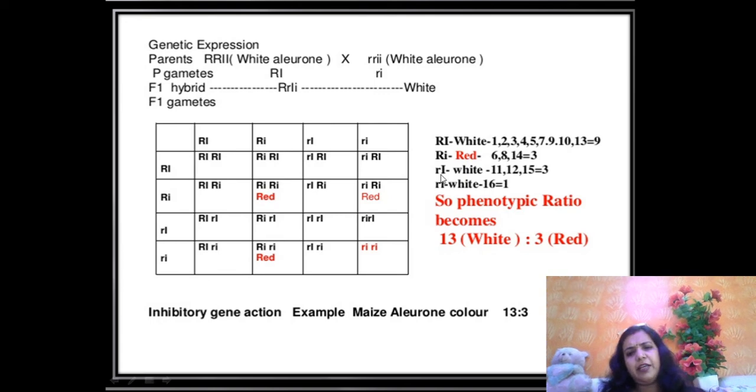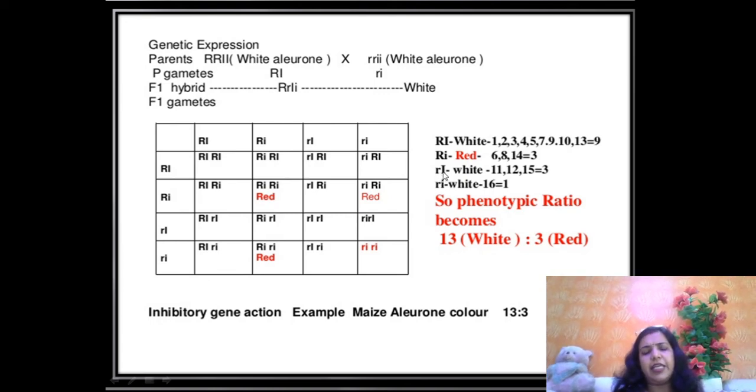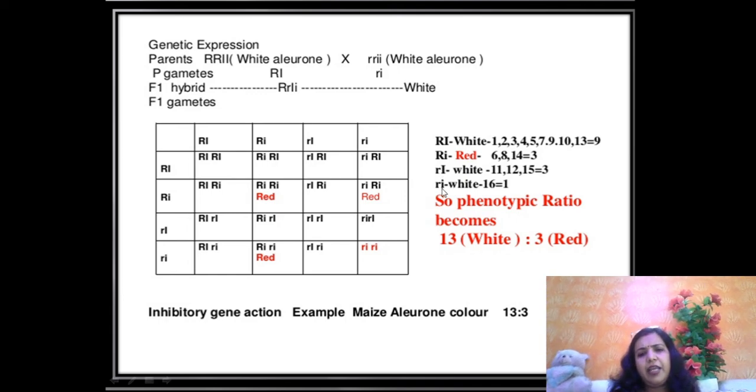Again we will see when small r is present but capital I is present. Here the inhibitory gene is present but the color producing gene is absent. That's why color will be white. That will be the condition in 11, 12 and 15.